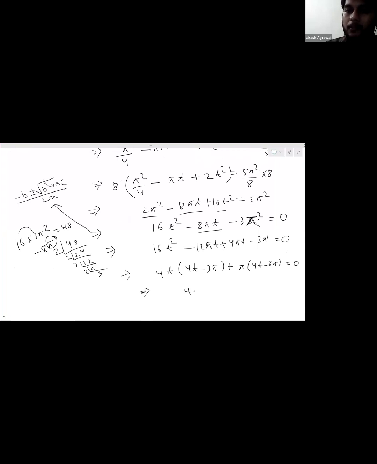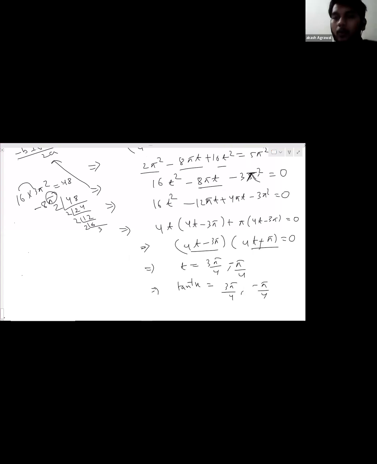So we can say 4t minus 3 pi into 4t plus pi equals 0. So t can be 3 pi by 4 or minus pi by 4, right? This is 0 or this is 0. My bad, this is minus pi by 4. So t can be minus pi by 4 or 3 pi by 4.